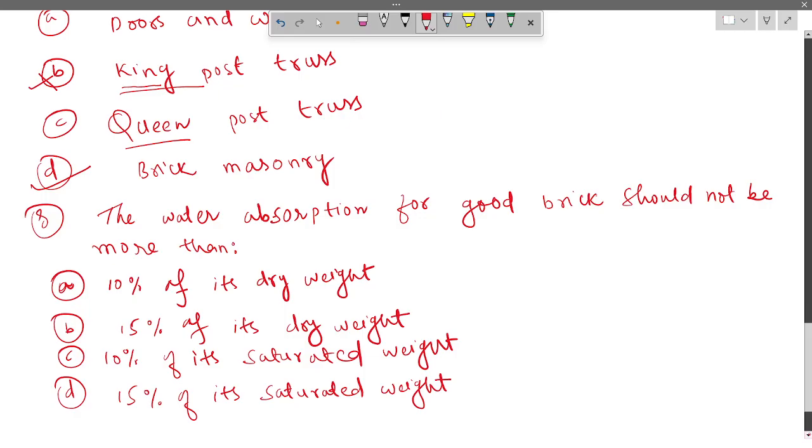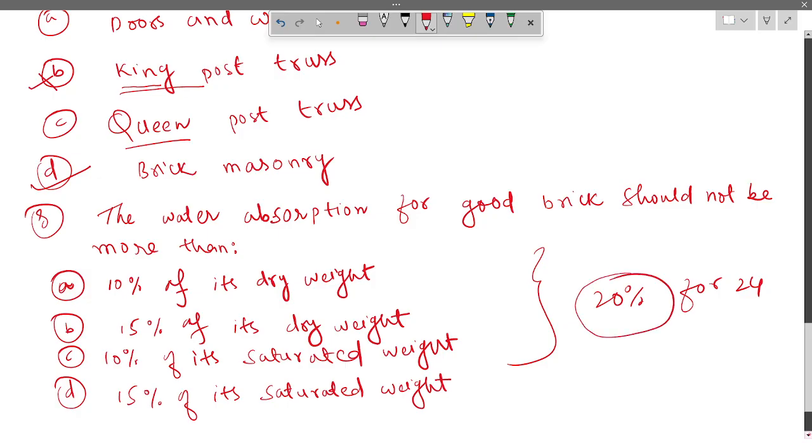For good brick, should not be more than. So the answer will actually be 20% for 24 hours. For a good brick, when kept immersed in water for 24 hours, water absorption should not be greater than 20% of its dry weight. That is, it should not be more than 20%.